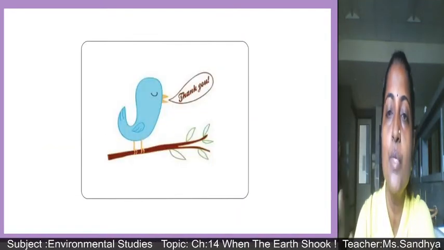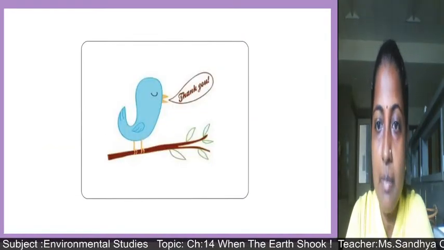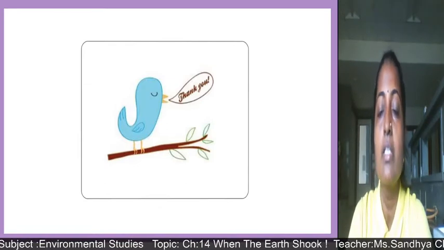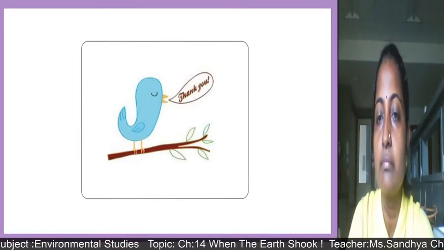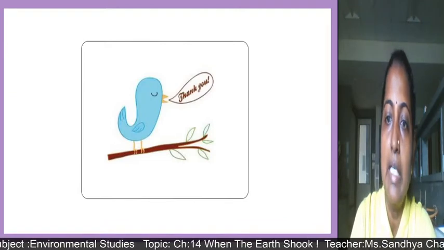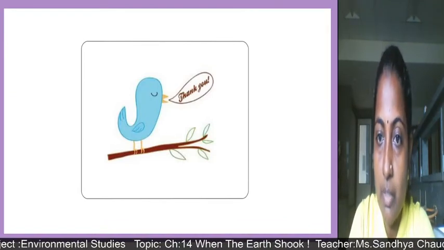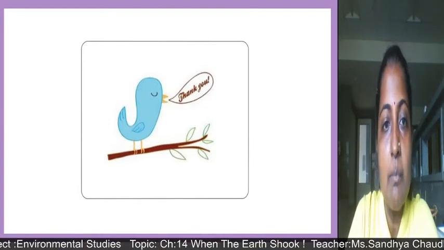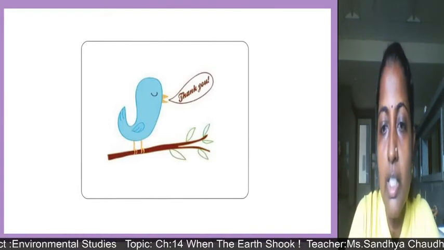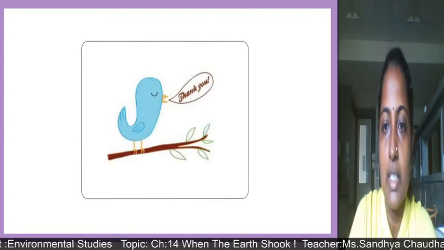So children, in this way we have seen natural calamities: earthquake, floods, drought, then landslide, then volcanic eruption. These are some natural calamities, and they occur because of natural forces.